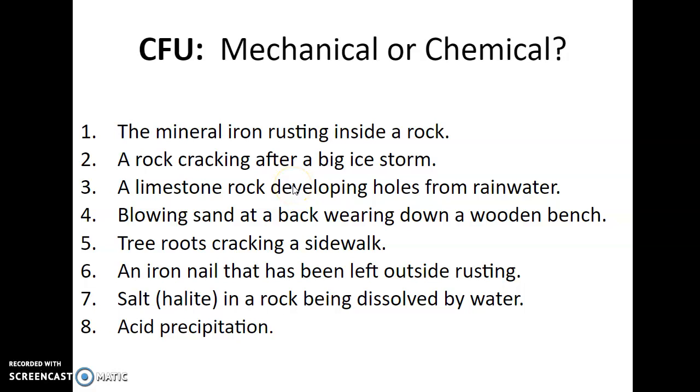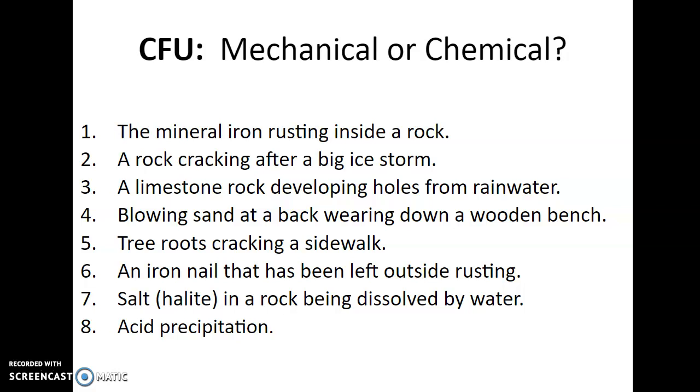Blowing sand at a back wearing down a wooden bench. So this example is mechanical. Okay, tree roots cracking a sidewalk. This is also mechanical.